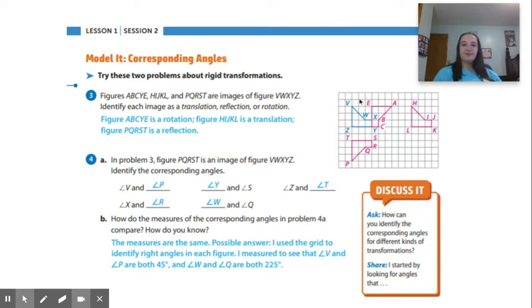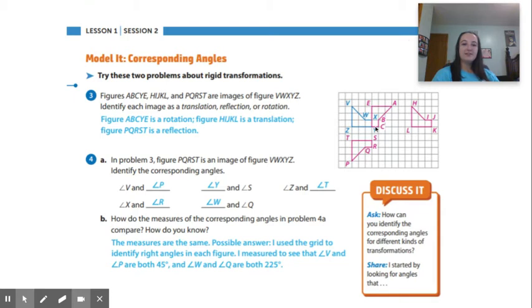So if we have angle V here is our acute angle, so the smallest angle, and it is equivalent to angle P. So these are the same angle measures, and we know this because angle V, when it is reflected, would be right here.